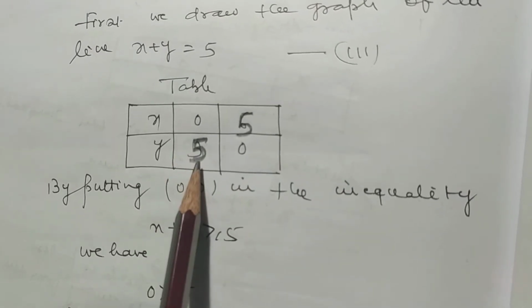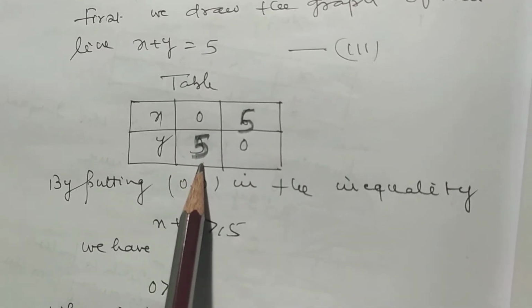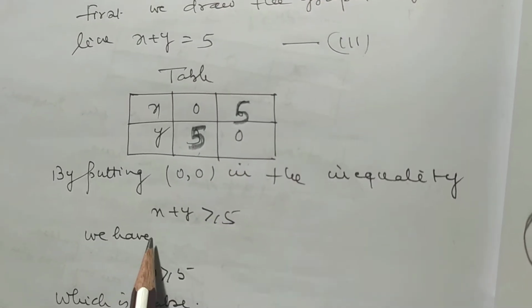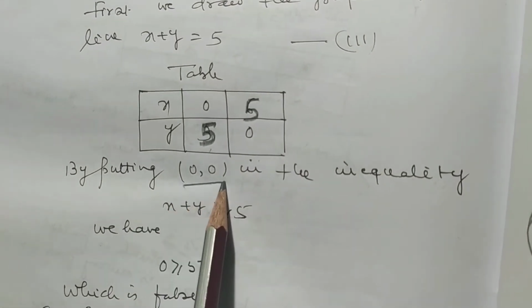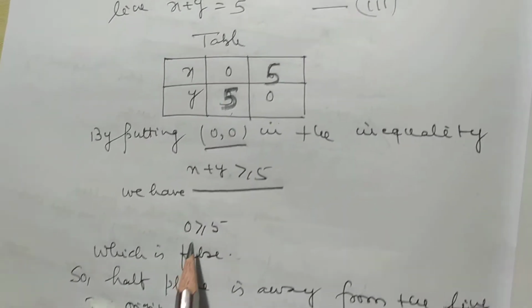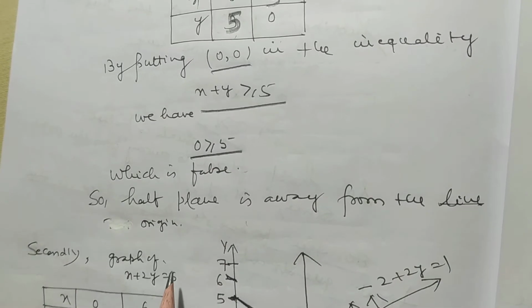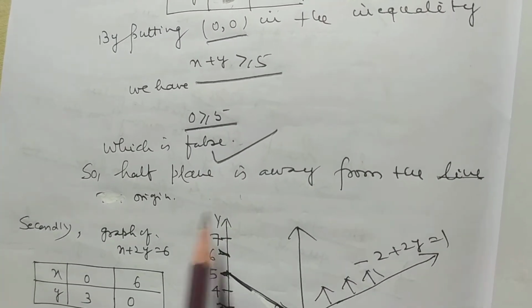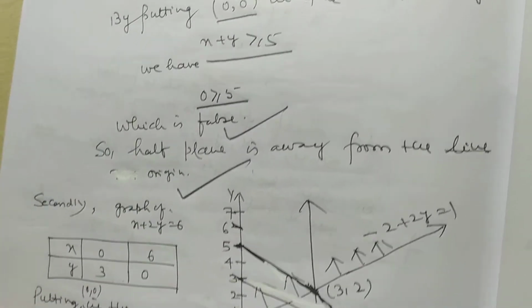Put x is equal to 0, y is equal to 5. X is equal to 5, then y is equal to 0. Now by putting 0, 0 in the inequality x plus y greater than equal to 5, we have 0 greater than equal to 5, which is false. So the half plane is away from the origin.